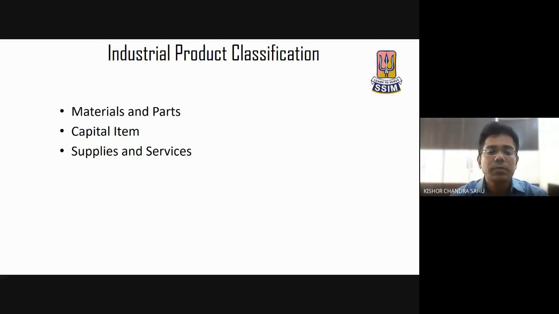Supplies and services are typically the operating supplies, used during operations. For example, your coal, paper, pencil, pen, lubricants, nuts and bolts. So these are called supplies and services. These are the typical product classifications, industrial and consumer products.